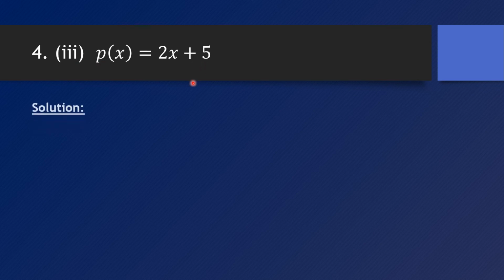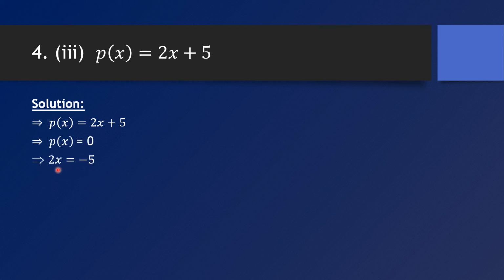Here, part 3 of the 4th question, p of x is equal to 2x plus 5. In order to find the 0 of this polynomial, we will again put this p of x equal to 0. P of x is nothing but 2x plus 5. When we put 2x plus 5 equal to 0, this plus 5 will be transposed and go to the RHS.